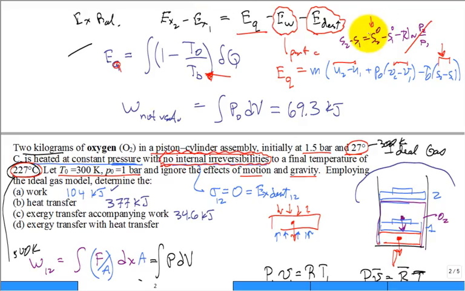Well, if you want, you can put a bar over it and get that out of table A22, but then you would need to do N times U bar 2 minus U bar 1, plus P naught times V bar 2 minus V bar 1, minus T naught times S bar 2 minus S bar 1. A little easier probably when you do the entropy calculations to use a molar basis.